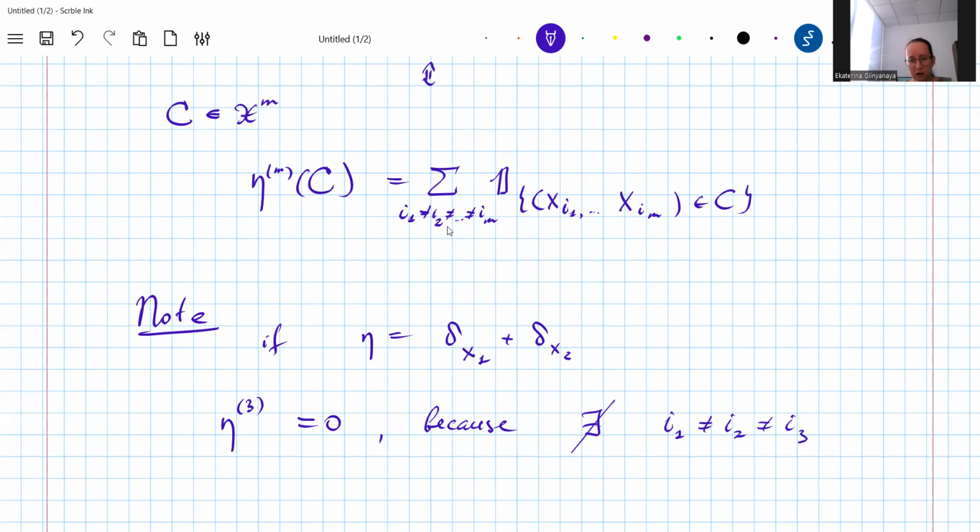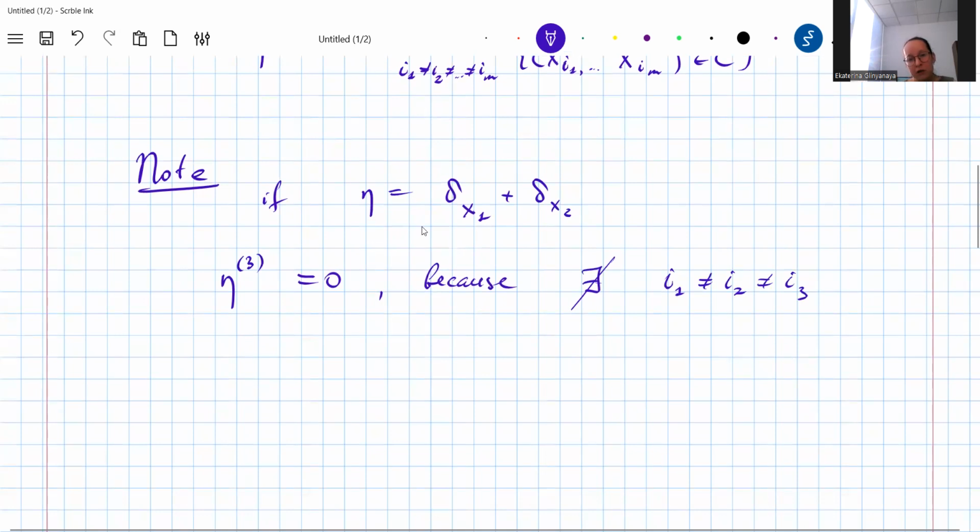This means that the factorial power of a measure is 0 if we have fewer points than the power we consider.